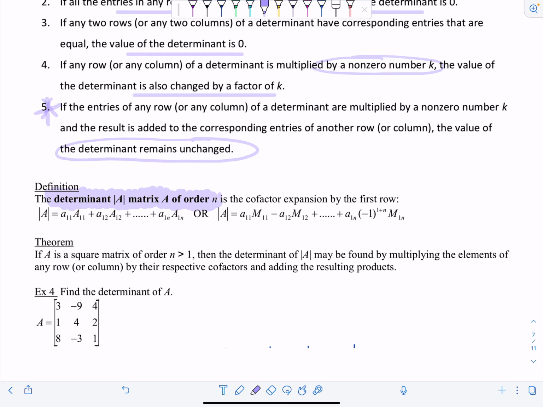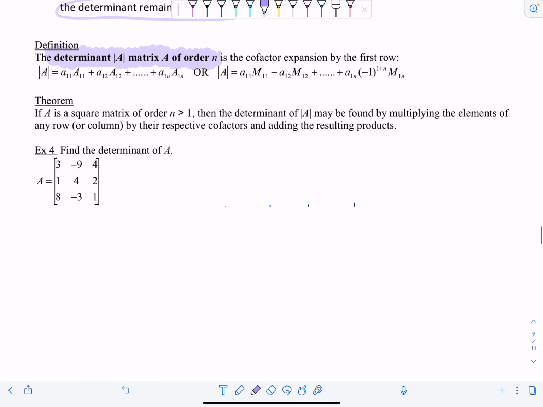It can be tedious, and most of the time you don't need to worry about doing a determinant for a matrix larger than a 3 by 3. But just so you know, you would repeat the process, expand upon any row or column, and then when you're multiplying by the cofactors, you would have to compute another determinant for a 3 by 3 in order to keep going if you start with a 4 by 4, for example.